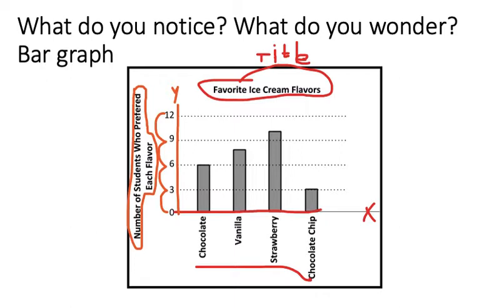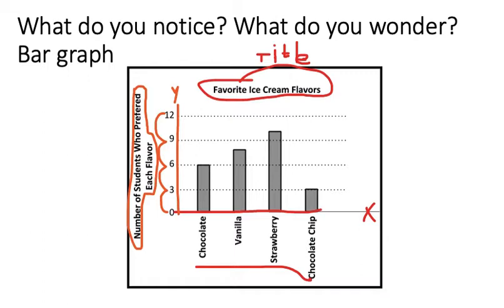Oh, another thing I wonder when I look at this really, really closely is how many more people picked strawberry over chocolate? Come on, are you serious? Chocolate is the best. They should have even included chocolate chip. That's probably my favorite.